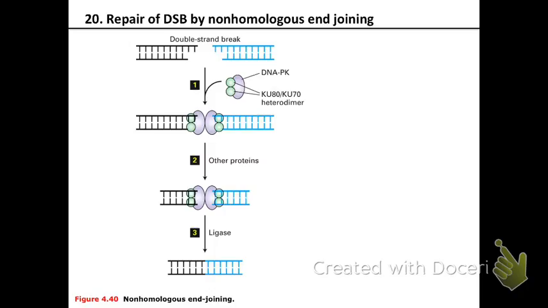So in this example, we start with this here, and we go through the repair process. What kind of mutation would the mechanism in this picture result in? What kind of mutation would happen at the end here? Deletion, right?